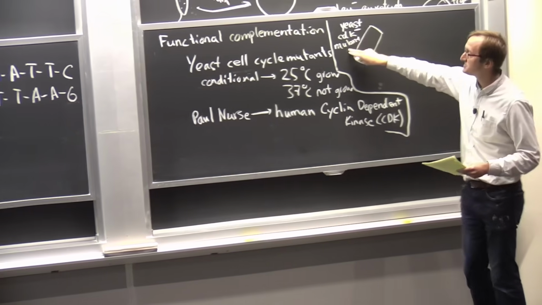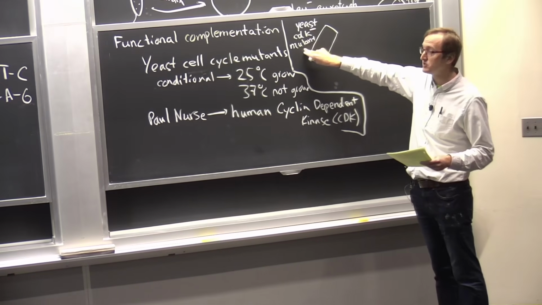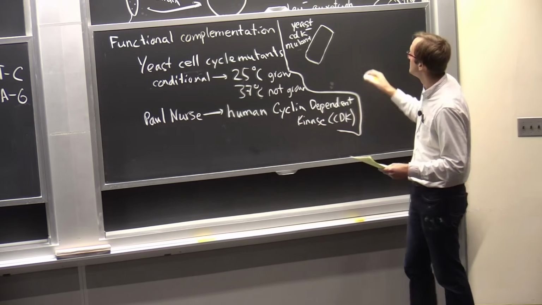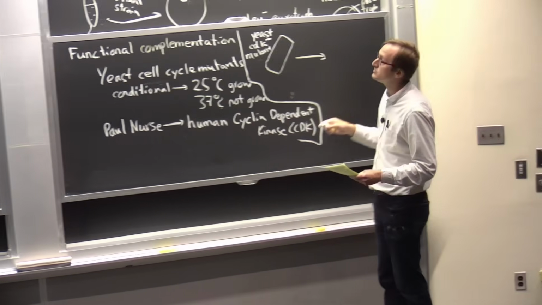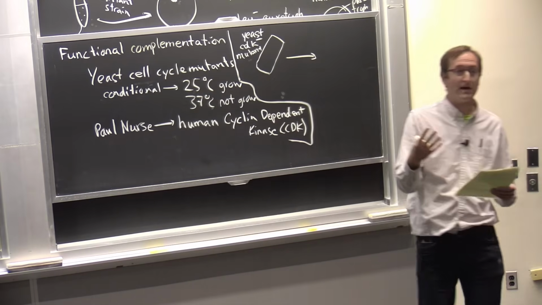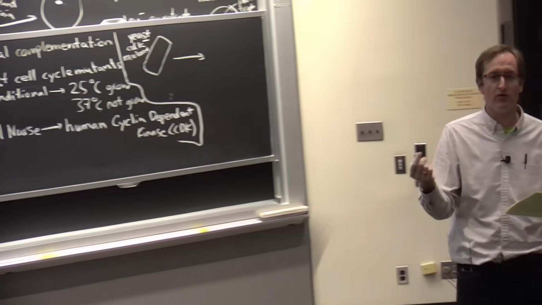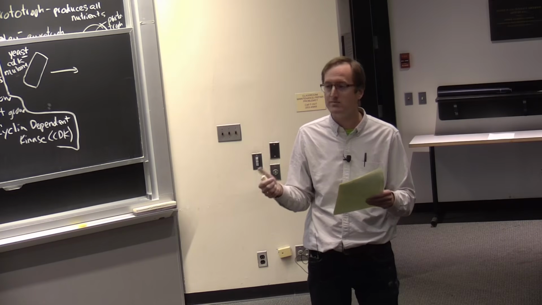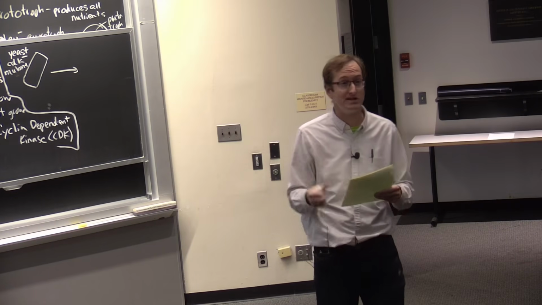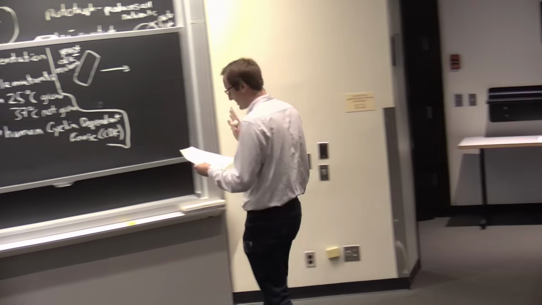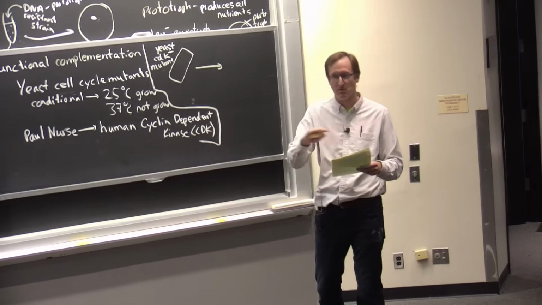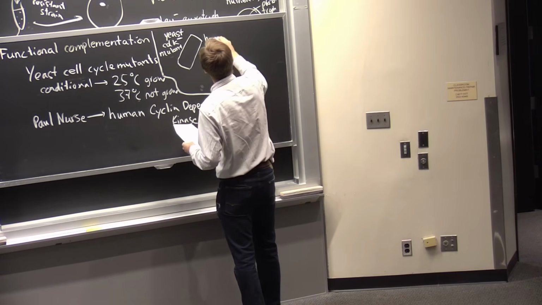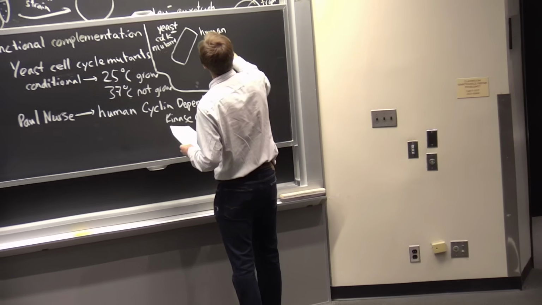So if you just have the CDK mutant and do nothing to it, it will not grow at 37 degrees, okay? But what he did was to take a DNA library, similar to what I showed you before, where you just chop up DNA from an organism. In this case, he's using a human DNA library. And he used a particular type of library, but I'm going to skip over that for now and come back to it later. So he used a human DNA library.